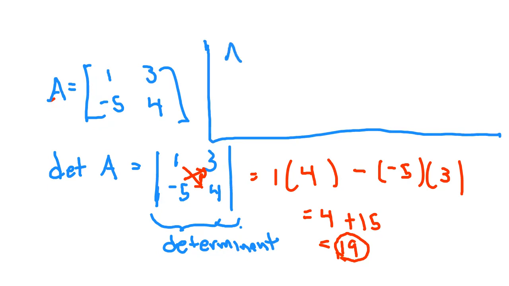Now, let's say we had another matrix A that had entries 1, 3, 0, -5, 4, 2, and 1, 3, 6. A 3x3, okay? And you want the determinant of that matrix.